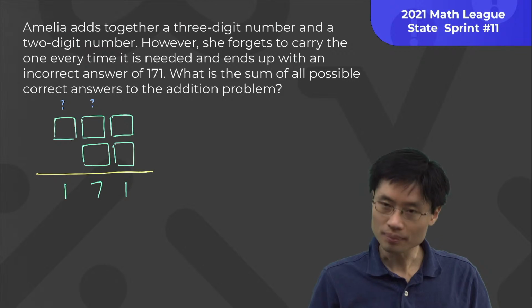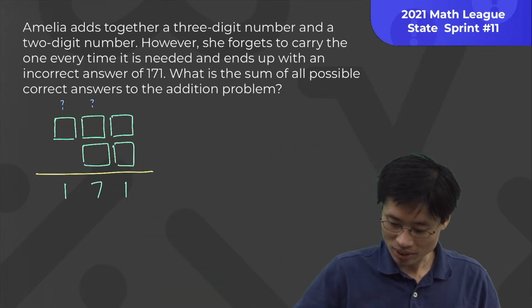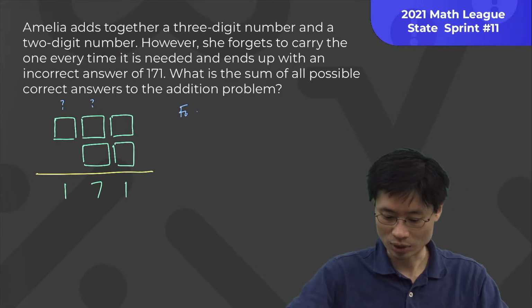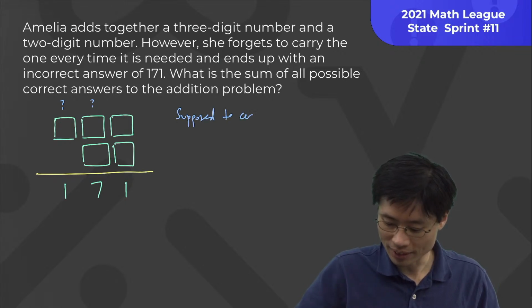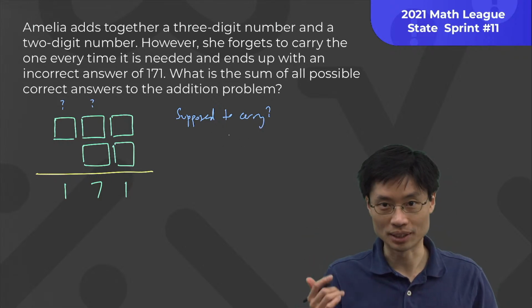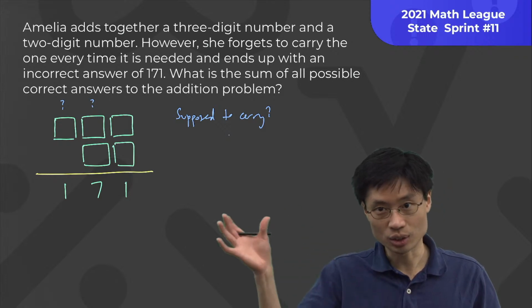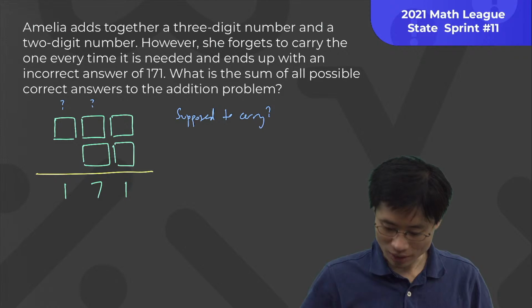So let's write a table, okay? So here's the question. Well, no, let's write supposed to carry. Supposed to carry. Supposed to carry. Well, I've got the 2 possibilities, right? I've got these 2 things, on the hundreds and on the tens. And so I'll write down the possibilities.